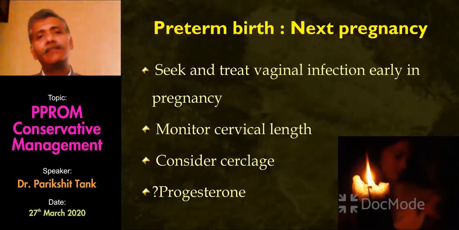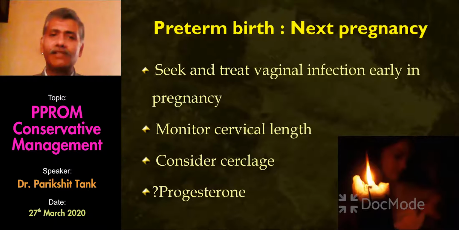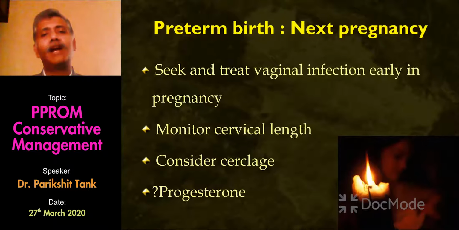Well, aggressively seek and treat vaginal infections early in pregnancy, in the first trimester itself. Monitor cervical length. Consider cerclage only if it is indicated by the ultrasound dimensions of the cervix showing a length lesser than 25 millimeter, or if the cervix is showing any of the typical features such as the internal os opening up and the typical Y or the U-shaped internal os seen on ultrasound.